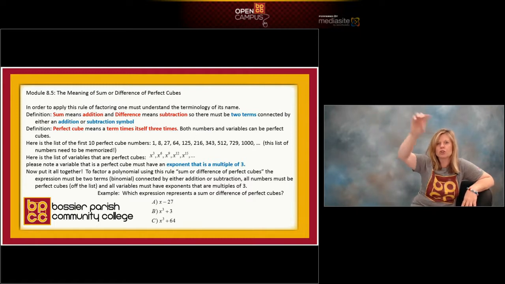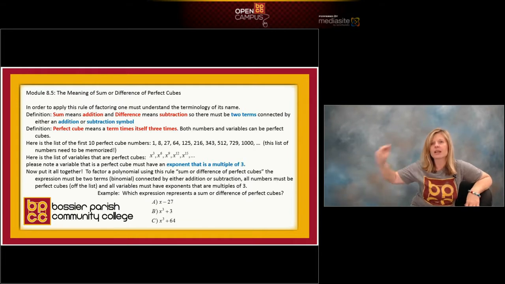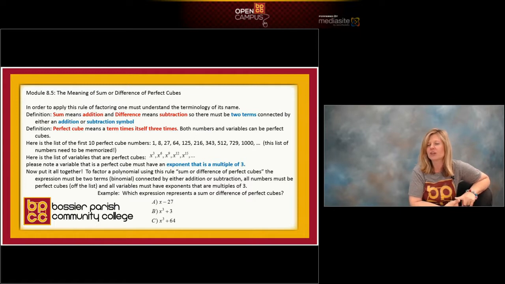So 2, 2, and 2 would add to 6. What's x cubed times x cubed times x cubed? I'd add my exponents 3, 3, 3, and I would get 9. So if you look on your PowerPoint, I have the perfect cube variables listed. X cubed, x to the 6th, x to the 9th, x to the 12th, x to the 15th.